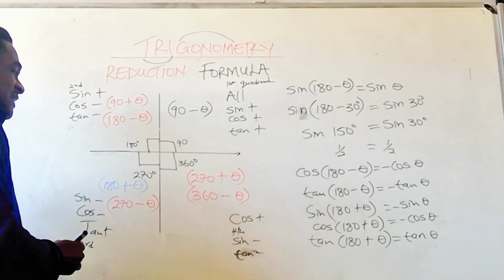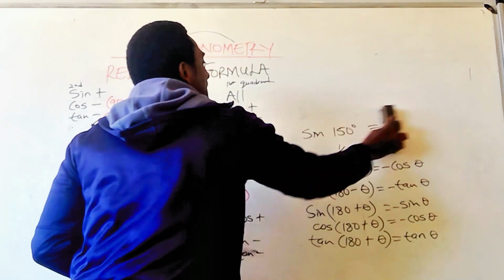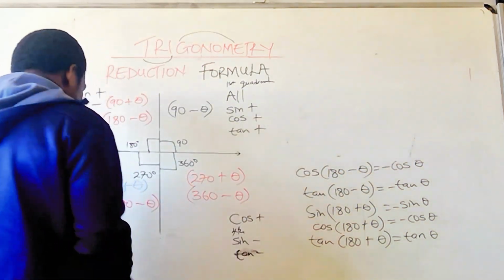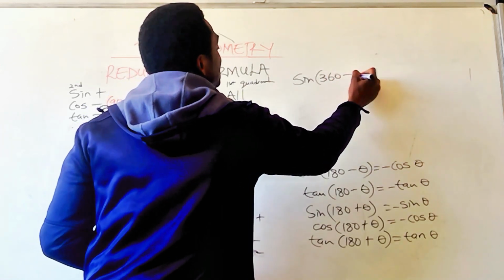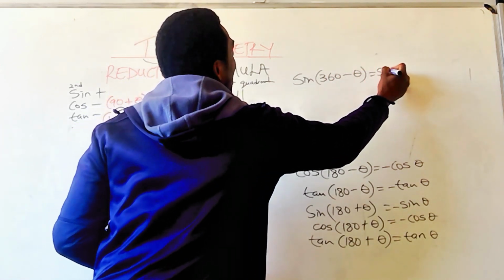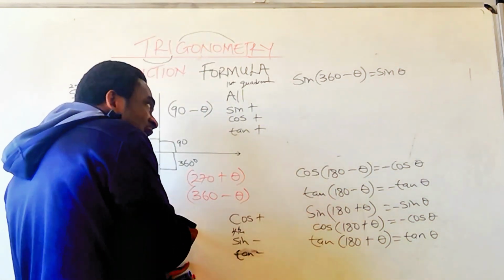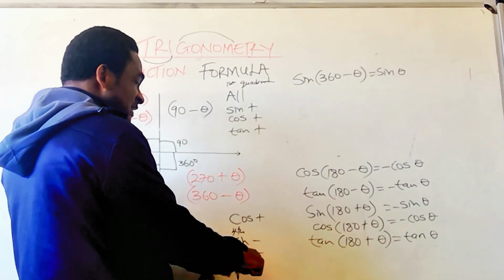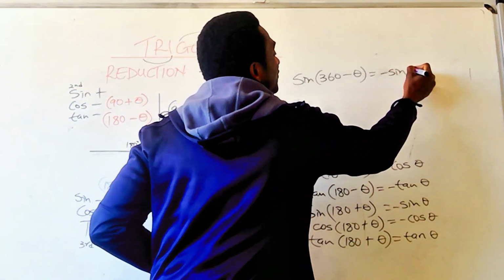And then lastly, we'll look at the 360s. We have sine of 360 minus theta. This is the fourth quadrant. Be careful, in the fourth quadrant, sine is negative, so we will have negative sine of theta.